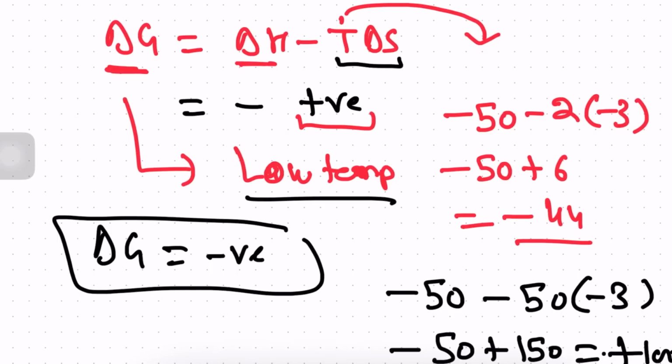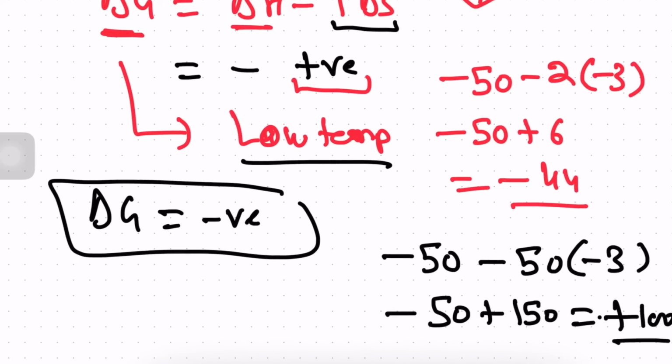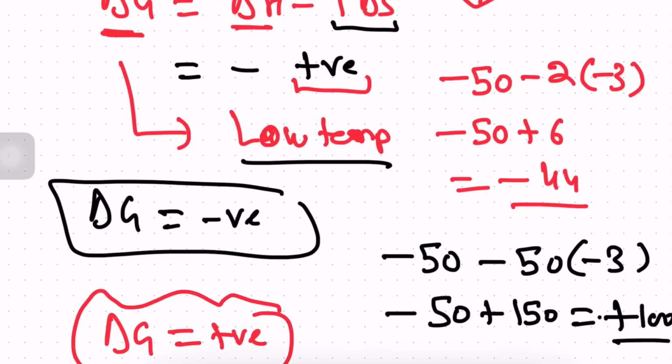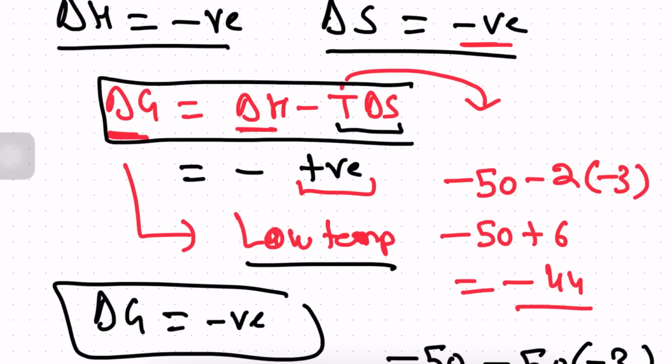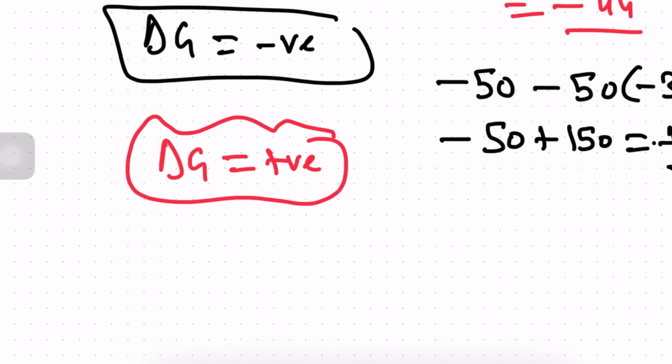In that situation the reaction is going to have delta G value positive. In that situation the reaction will be non-spontaneous. So here you have to play with this equation and see what is the net value of delta G.